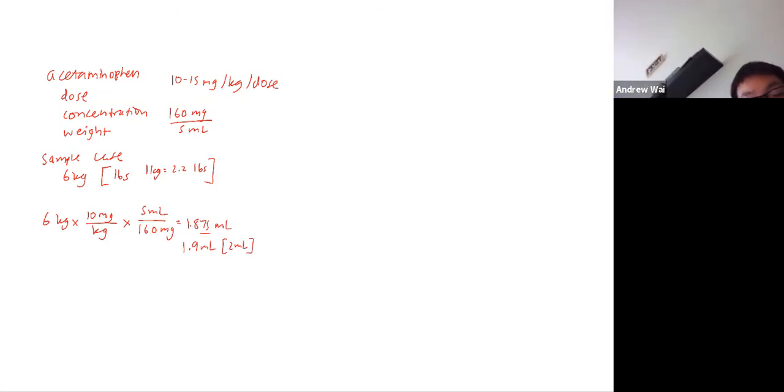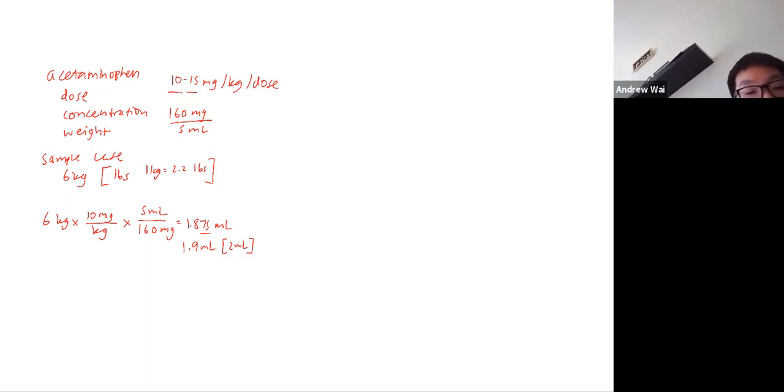Okay. So when mom says how much to give, you're going to say you are going to give 2 mLs of acetaminophen of this concentration. Now we also said it's a range, 10 to 15 here.